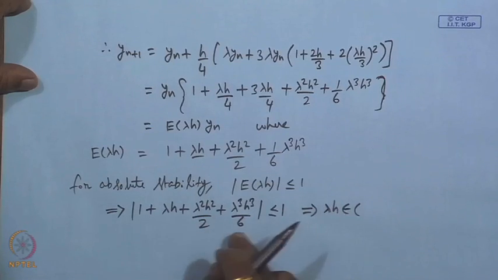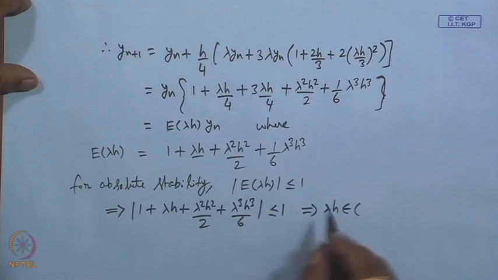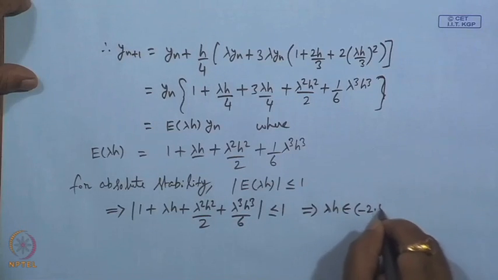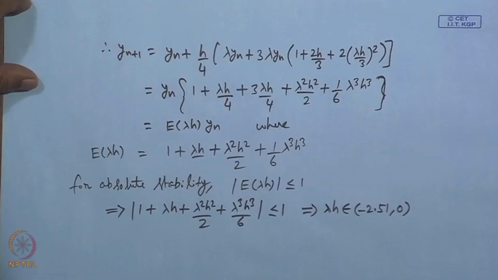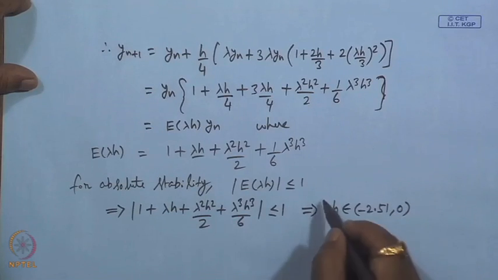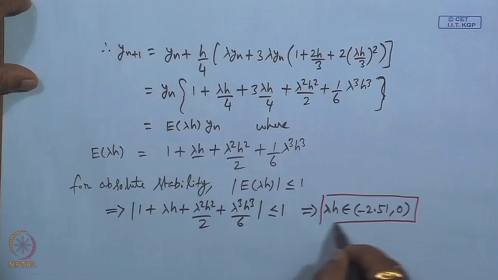It is pretty tough, but one can solve it. So, this is the interval of absolute stability.